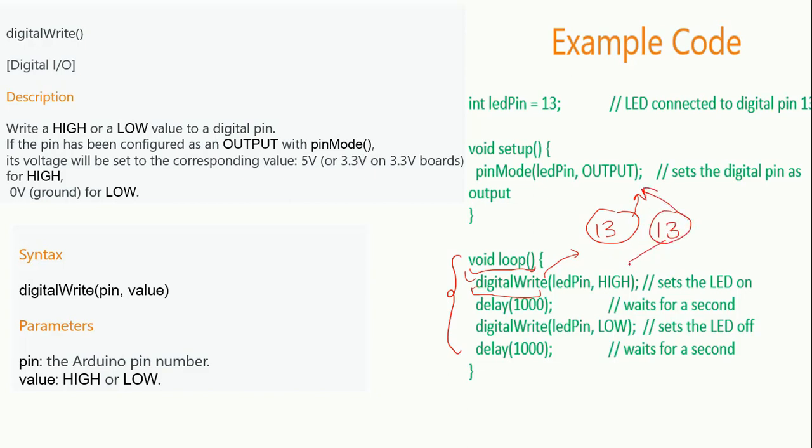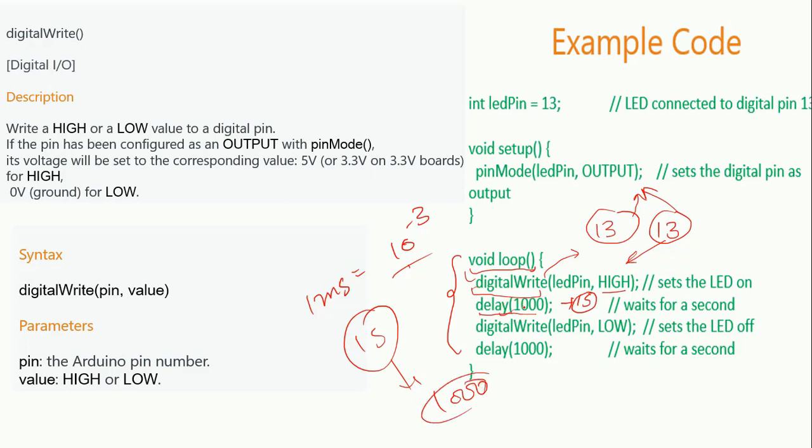Now, for the state of this output to be high, for how much time do we want to keep it high? Then we use a delay, because with the help of delay we pause the program. 1 millisecond is equal to 10 to the power minus 3 seconds, so to convert to 1 second we can write 1000, right?